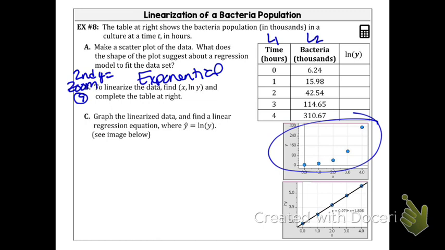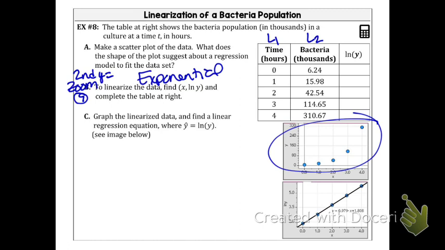All right, to linearize the data, we're going to find x comma natural log of y and complete the table at the right. Now, let's go back to our stat edit. We've got our time in L1, our bacteria or our y's are in L2.